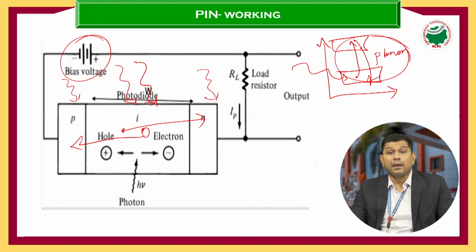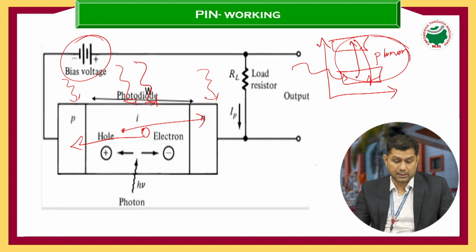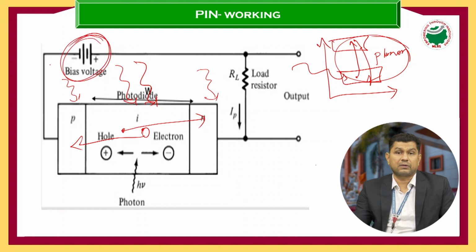This is about the pin working. What is pin working? Whenever light of sufficient energy, greater than approximately 1.1 electron volts, is incident, electron hole pairs are generated in the intrinsic layer. These electron hole pairs are drifted in opposite directions. Electrons are drifted towards the n side and holes towards the p side because of the reverse voltage.